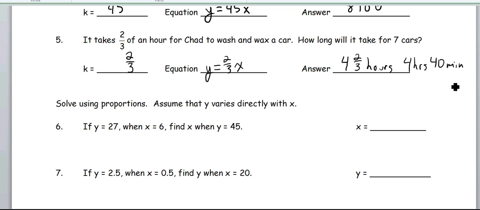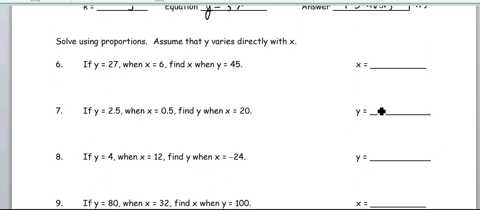All right. Solve using proportions. Assume that y varies directly with x. So remember, we're going to do the first one right here. If when 27 over 6 equals, and then y is on top, 45 over x.